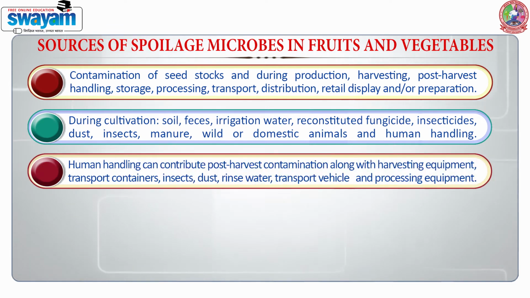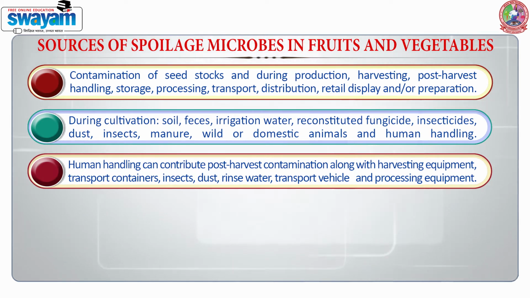Human handling especially contributes during the post-harvest contamination stage, and the other source is the harvesting equipment. Transport containers, insects, dust, rinse water, transport vehicles and processing equipment are other sources of contamination.